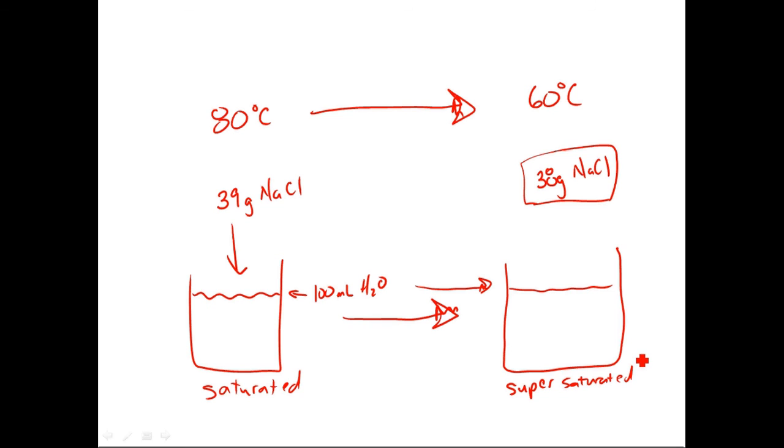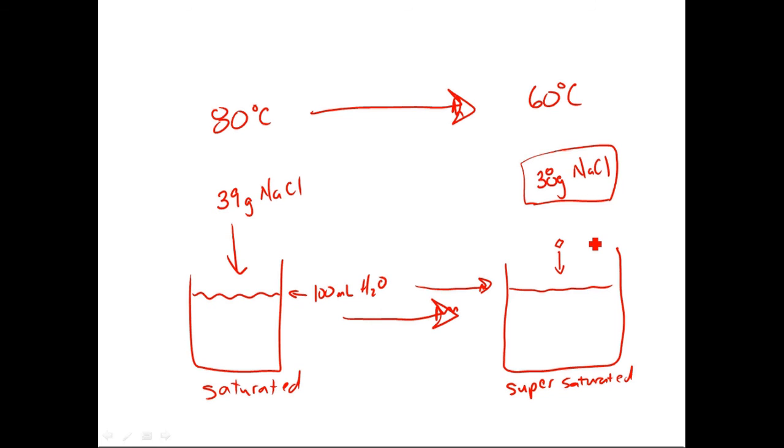Now, something about supersaturated solutions that we learned yesterday is if you disturb them, you can get them to crystallize the part that they can't hold anymore. So a simple way to do that would be to take one tiny little piece of salt and allow that to fall in there. That would be enough to disturb a supersaturated solution and cause it to start crystallizing. Only the part that can't be held is the part that crystallizes.